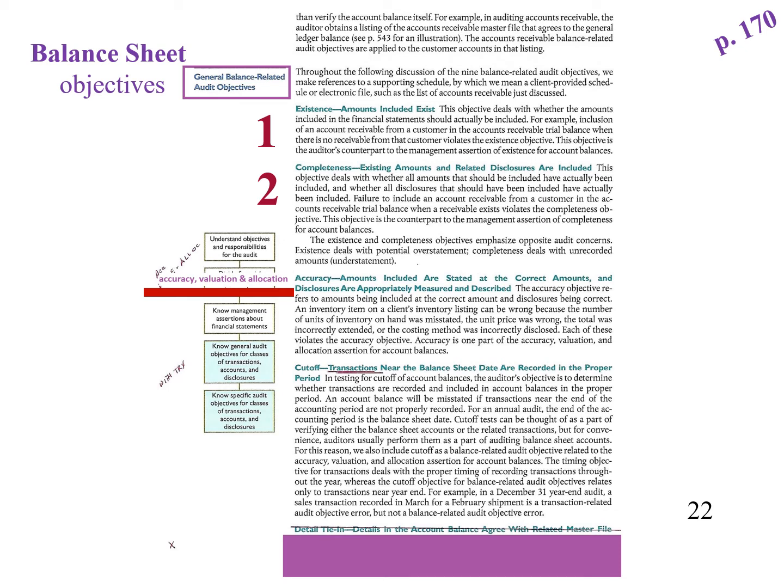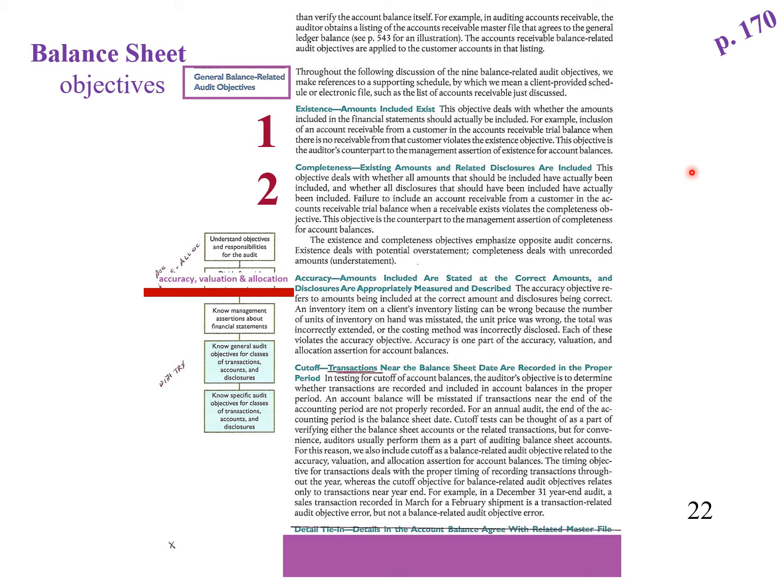Completeness is things that exist that aren't recorded. So if it's recorded, I don't have to worry about completeness. Existence, on the other hand, is, guys, it's recorded, but does it actually exist? Okay, does that make sense?